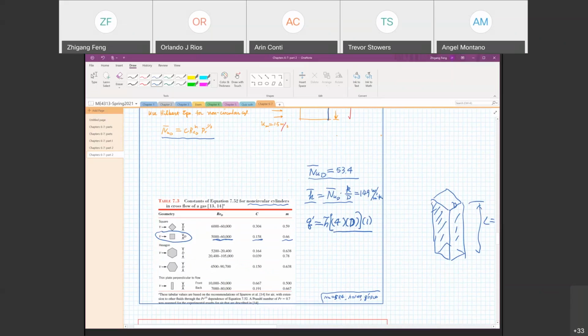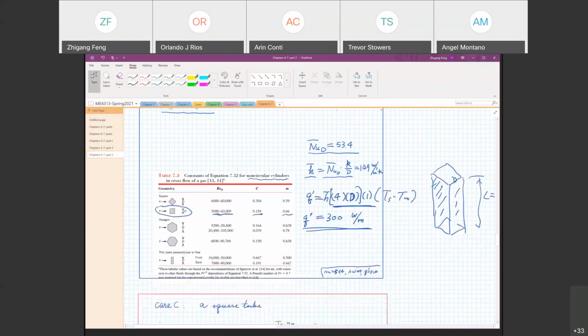So the area is 4d multiplied by 1. For a circular cylinder, it's pi d, but for a square cross-section cylinder, it's 4d. Multiply by Ts minus T infinity. The rest is quite straightforward. And I did the math, and I found Q prime equal to about 300 watts per meter. So that's my Q prime.